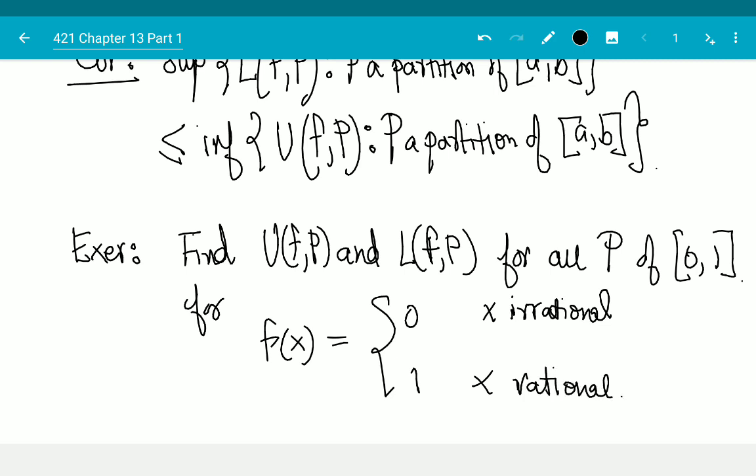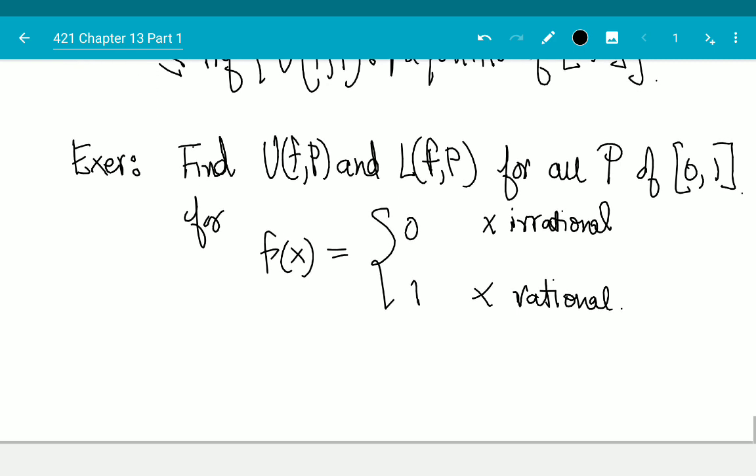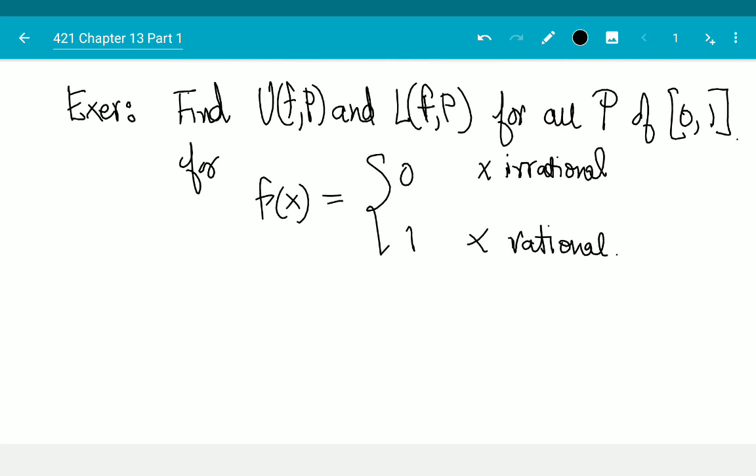Now keep in mind every partition is finite. We are not dealing with infinite partitions. So here's a hint. What would happen if I take it to be small enough? Will it contain an irrational? Will it contain a rational? What would be the maximum in the set in that interval? What would be the minimum in that interval? Look at it. It's a really easy exercise.